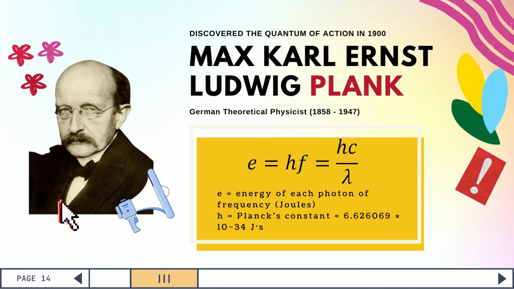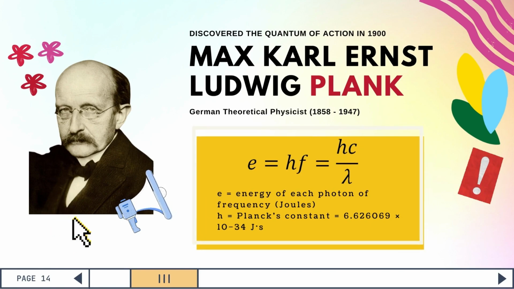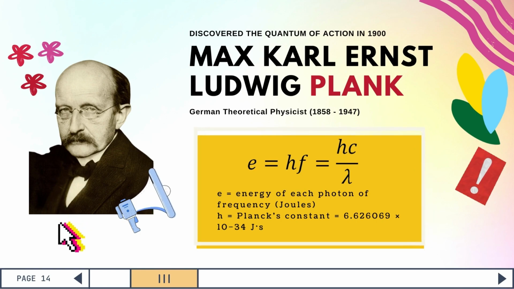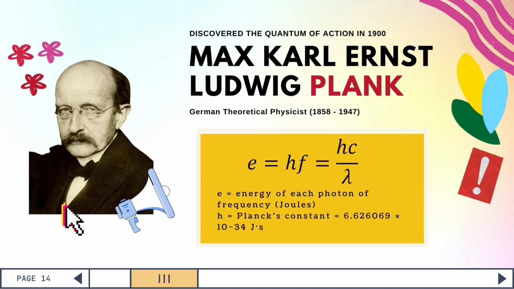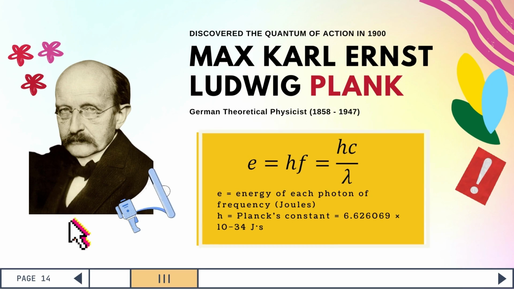Second is the energy of the radiation absorbed or emitted is directly proportional to the frequency of the radiation. This is given by the formula E = hν, where h is the Planck's constant equivalent to 6.626069 × 10^-34 joule-seconds. This shows that the shorter the wavelength, the higher the energy and frequency it carries.